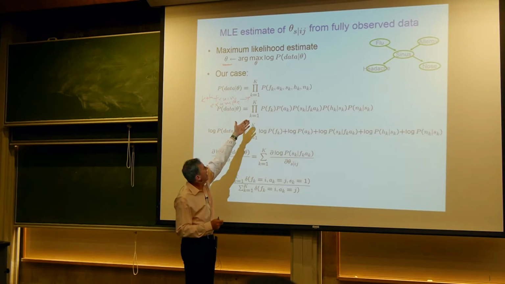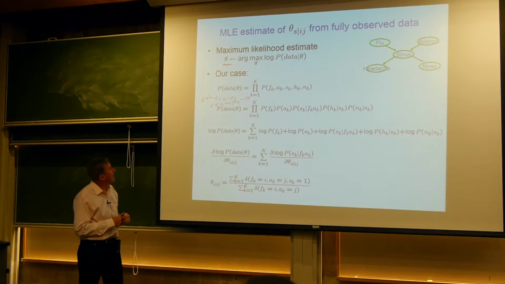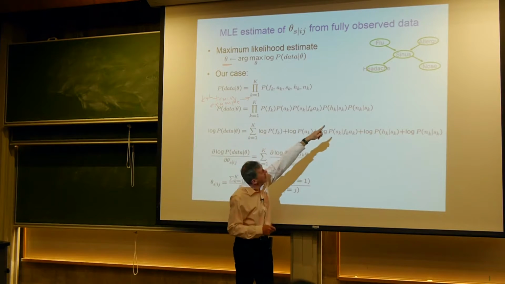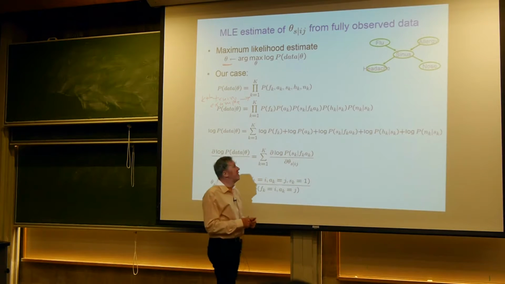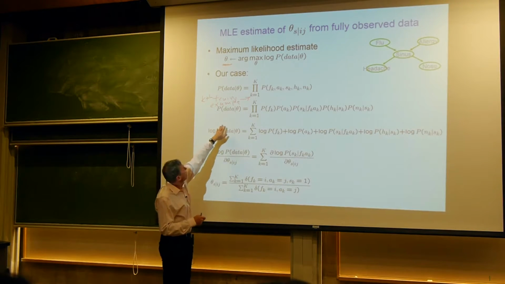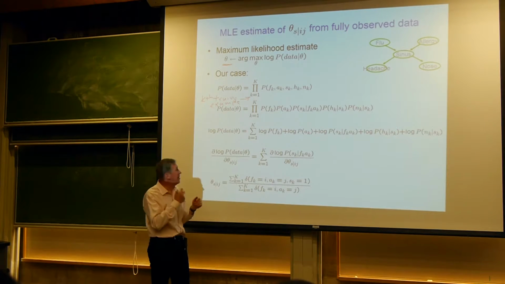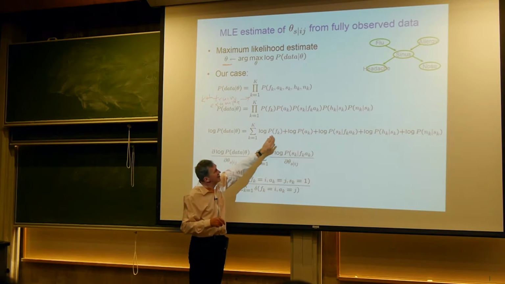This patient K had F, A, S, H and N as their values. And of course, I can factor that, according to the Bayes net, into this product of terms. And if I want to maximize the log of that instead, those maximize for the same value of theta, then that product of terms turns into the sum of their logs.